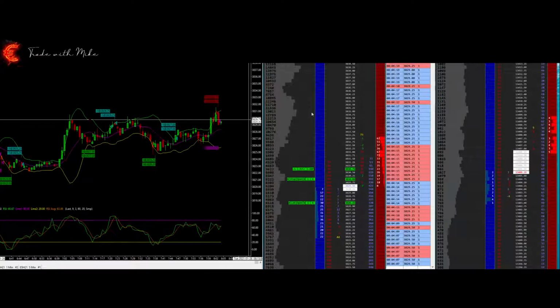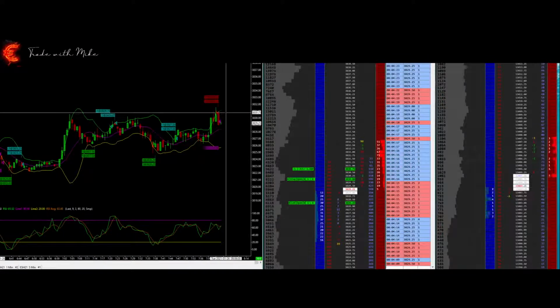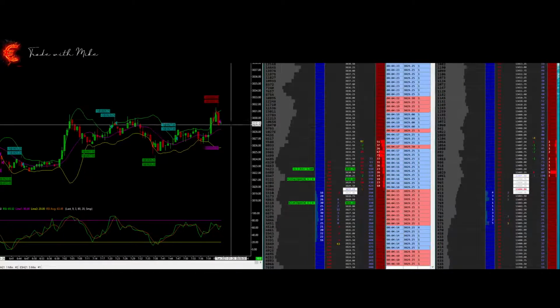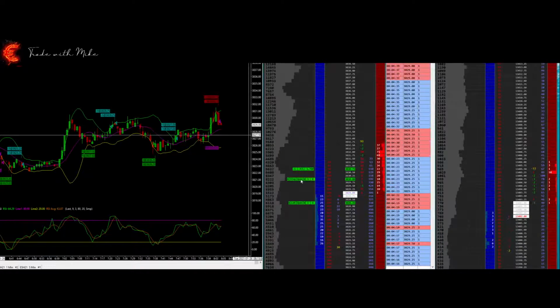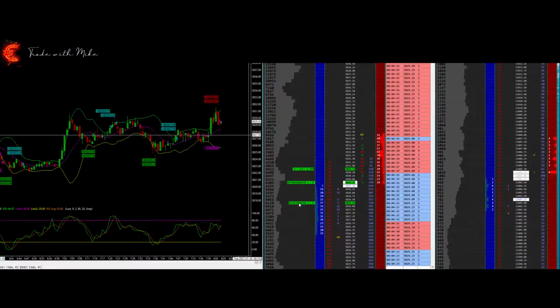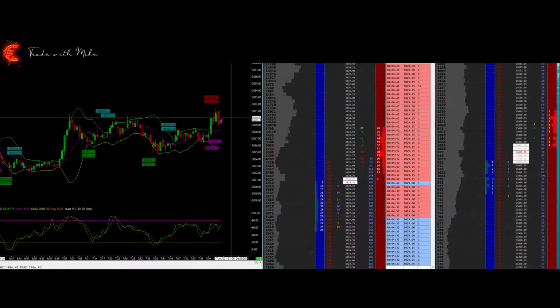Nice, nice, nice. That's a good scalp, you know. It was quick. It went fast down. It didn't even go 1 tick against me. So this was a scalp that, you know, I like, it's good. Okay, and I'm out.